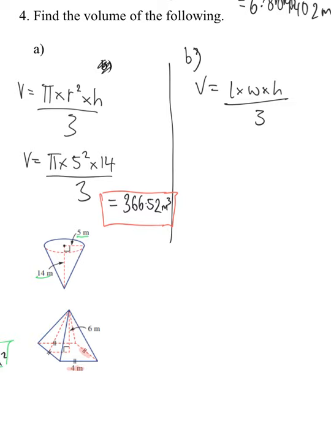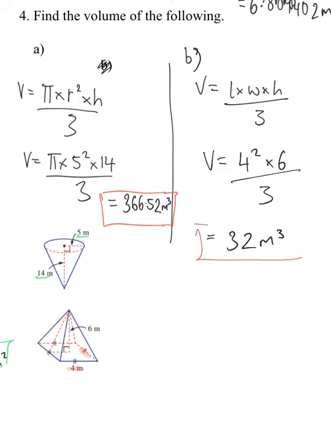So it's going to be length times the width, 4 times 4, or 4 squared, times the height of our pyramid we've got is 6, on 3. 4 squared, 16 times 6, 96 divided by 3 is 32 meters cubed. Cool.